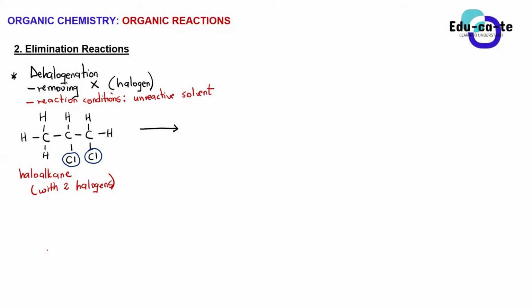If we take an unreactive solvent and remove these two halogens from this haloalkane, we are going to end up with something like H, then C, H, H, then C, H, and then C, H, H. After removing the chloro groups, these two carbons are now missing bonds.